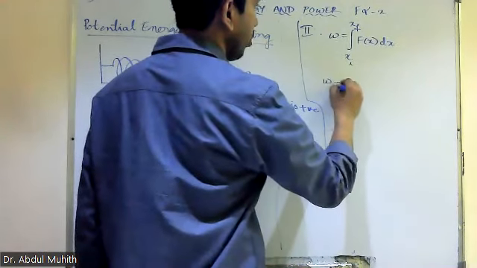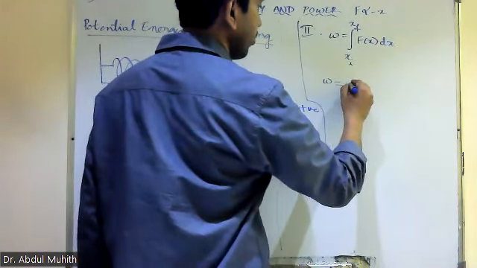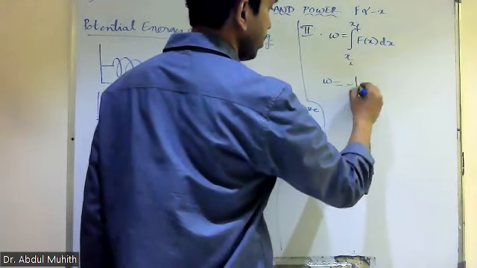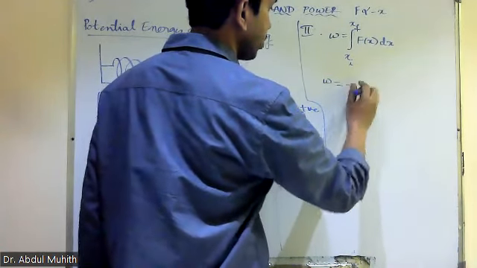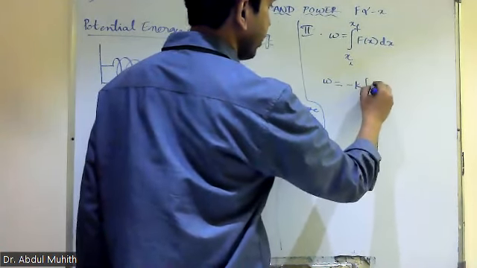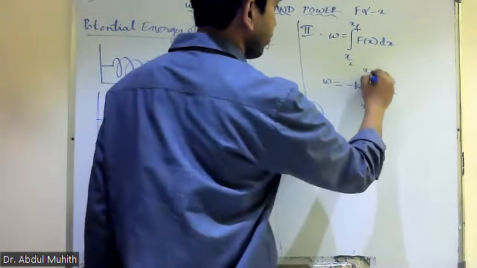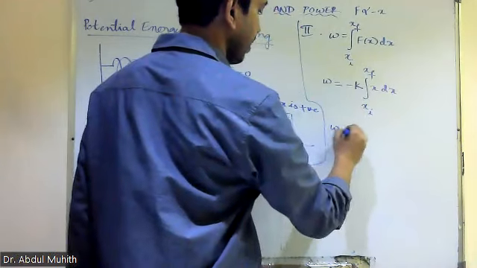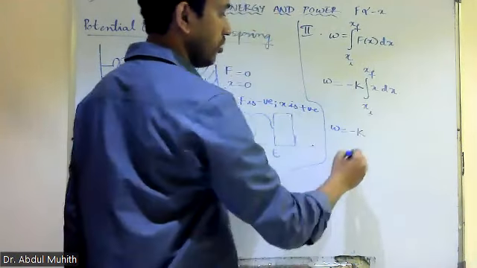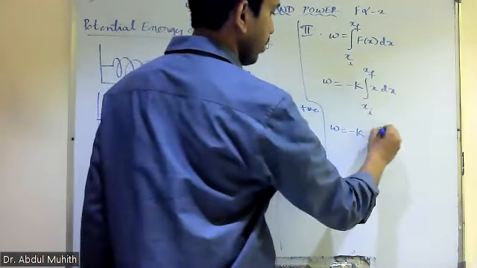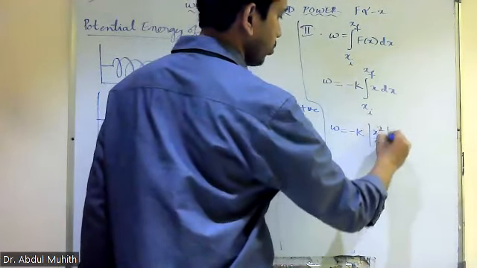F(x) equals minus kx. I'll write minus k outside. So W equals minus k, the integration of x dx from xi to xf. The integration of x is x square by 2.